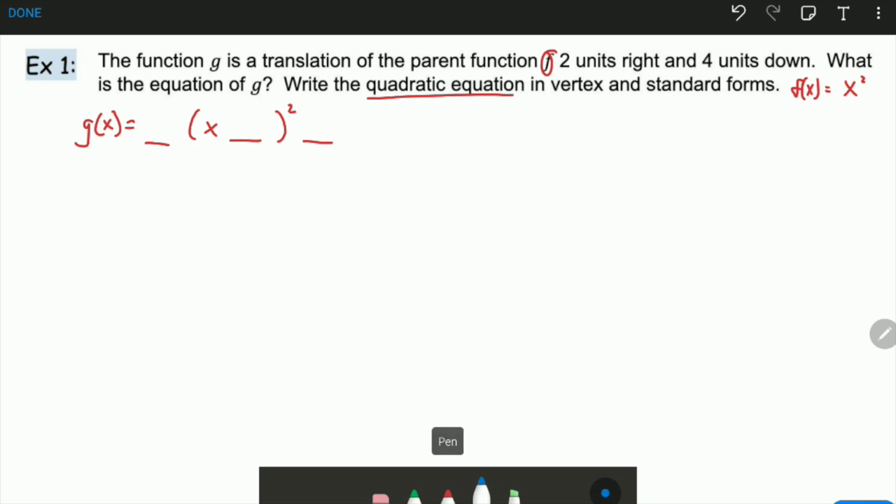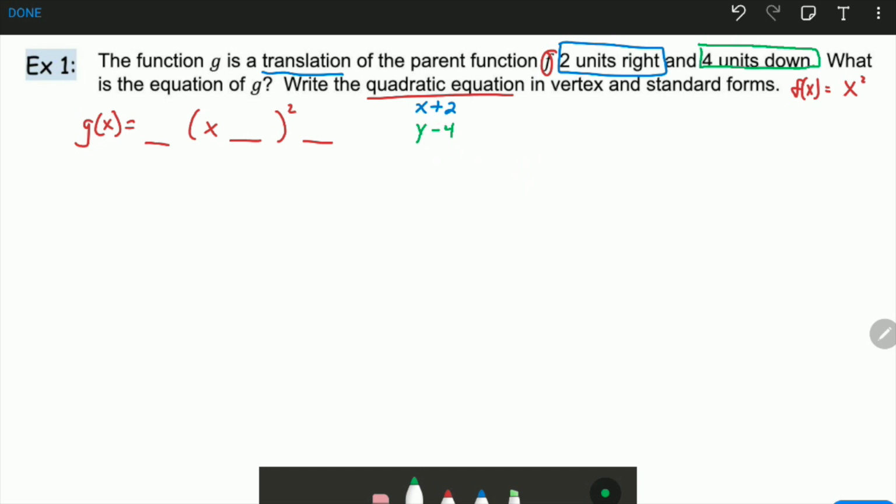The transformations we have is just a translation, 2 units to the right, which means we're doing x plus 2, and 4 units down, which means we're doing y minus 4. There are no reflections or dilations, so there's no multiplication going on.